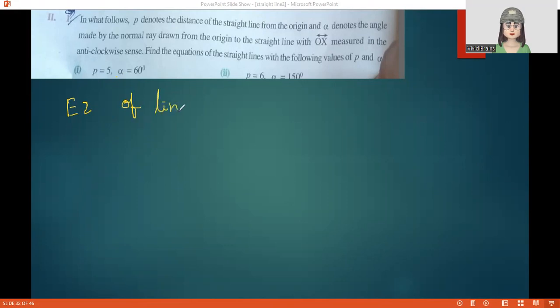What is the equation of a line when alpha and P are given? x cos alpha plus y sin alpha is equal to P. So x cos 60 plus y sin 60 is equal to P, and P is 5 here.